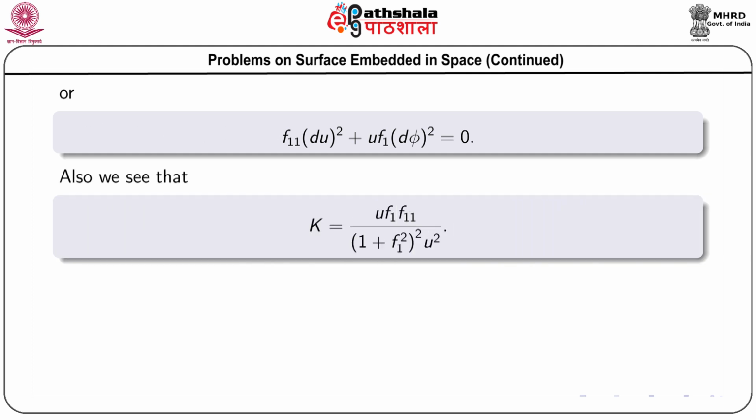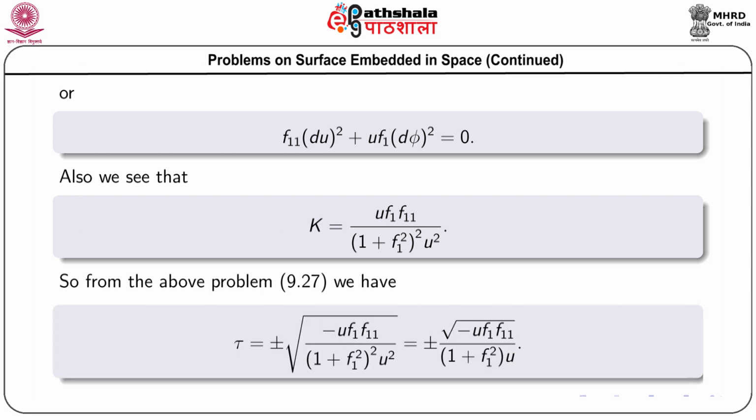And we can also find the Gaussian curvature equals u f1 f11 by (1 plus f1 square) whole square u square. So, from Enneper's formula we know that the torsion of the asymptotic line is tau equals plus minus root over minus k.